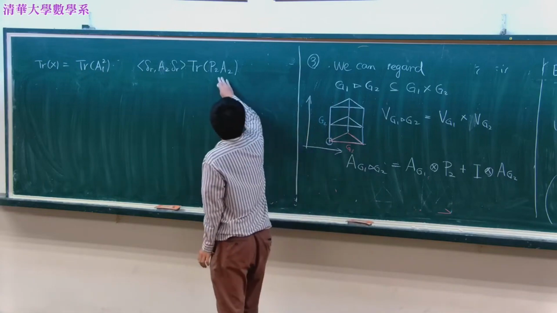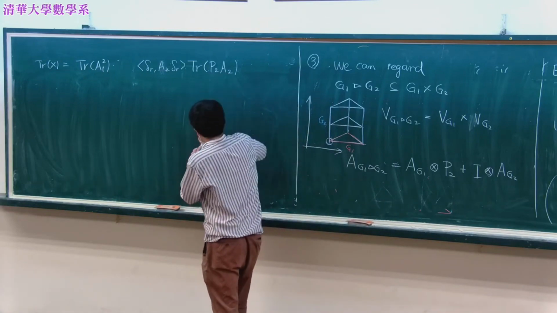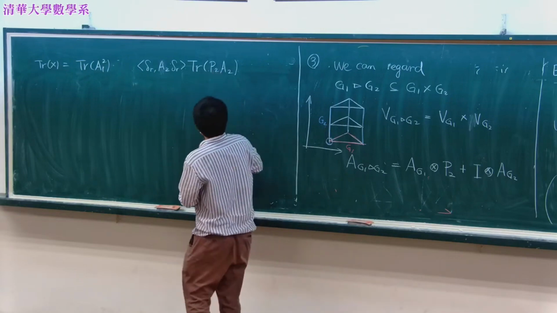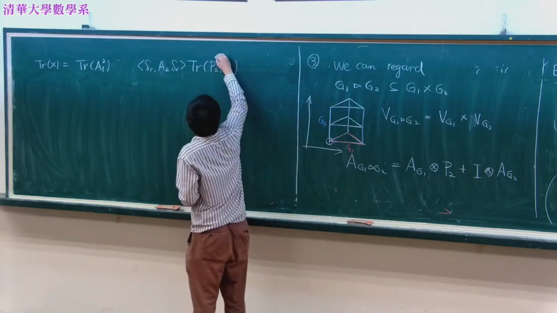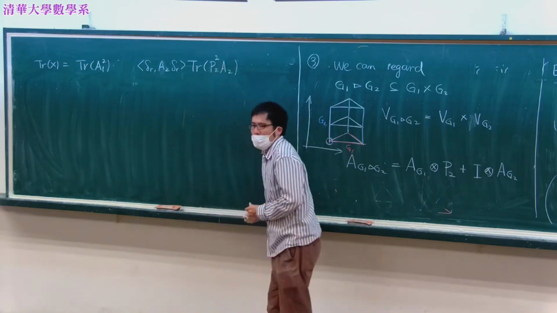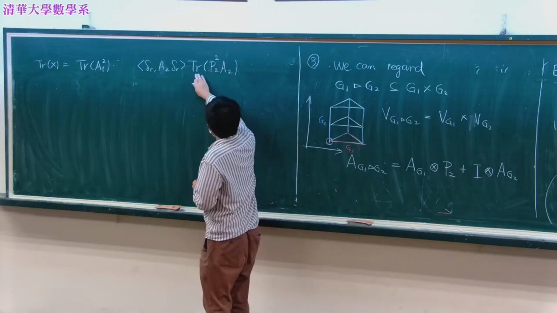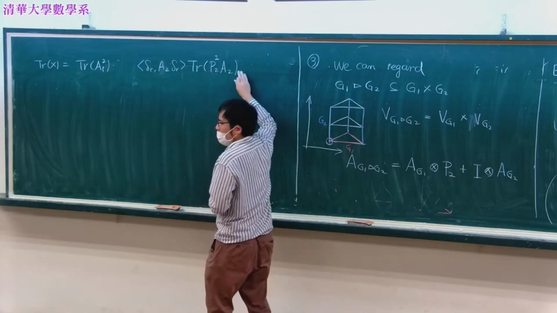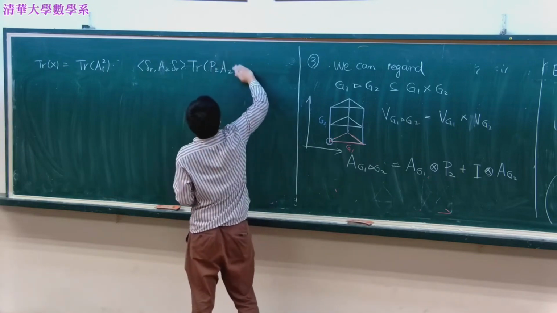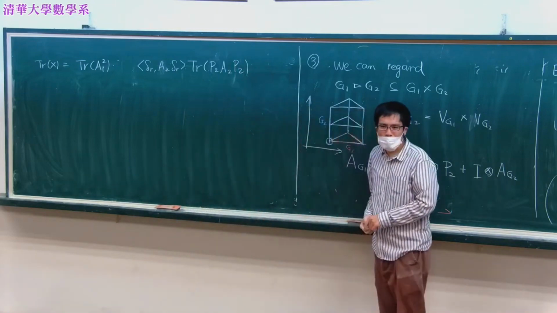This is an iterated trace, so we can use a certain trick for the last part, because P2 is a projection, so we can also write P2 square. Because this is a trace, we can take one P2 to the right. This is allowed.